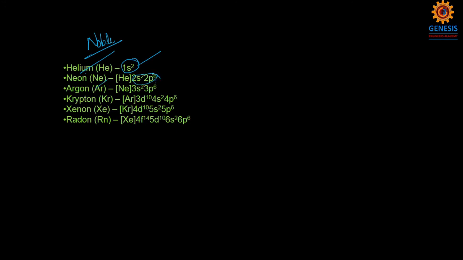Argon is 18: 2 plus 8 is 10, plus 8 is 18. The next noble element is krypton, which is 36. Like that you can develop.